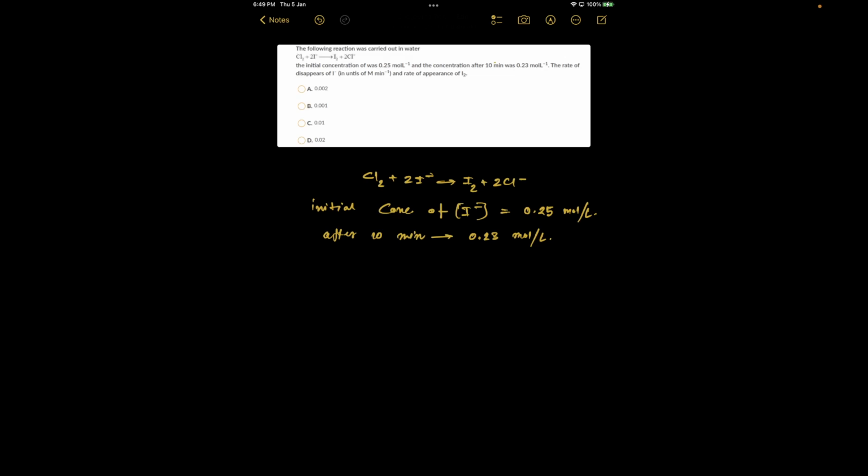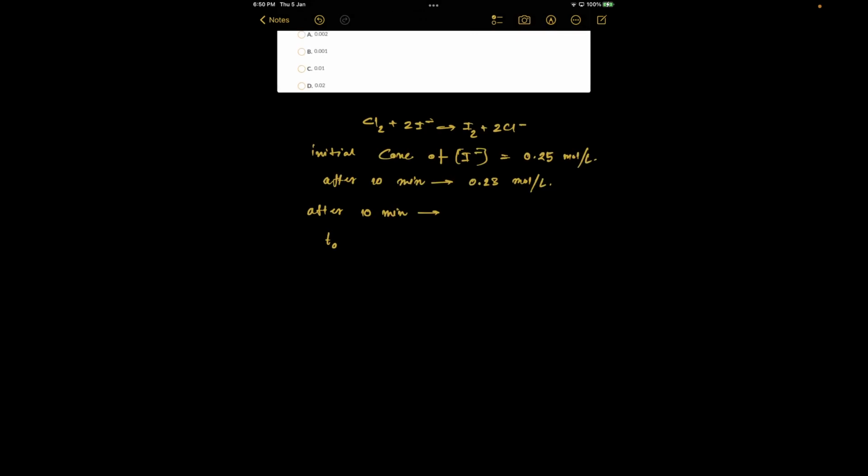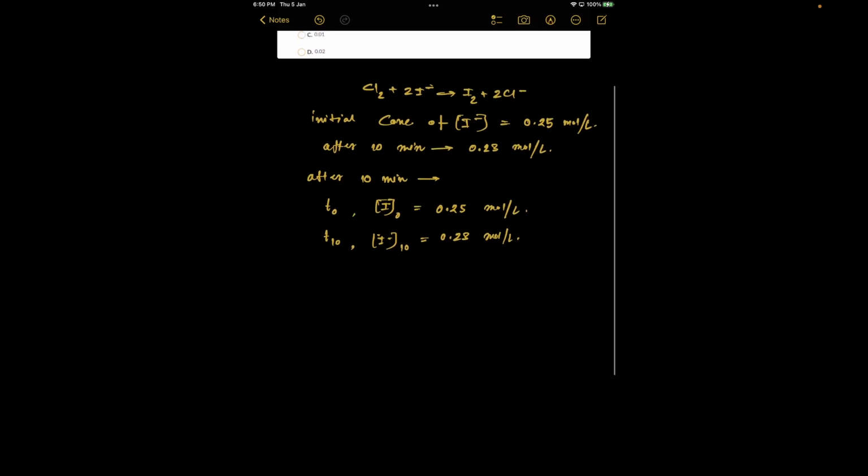So at t equal to 0, the I minus concentration was 0.25 mole per liter. Now at t equal to 10 it is 0.23 mole per liter, so it is decreasing because the reaction is happening.